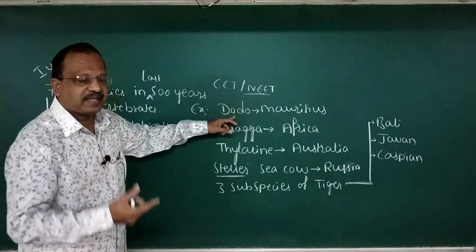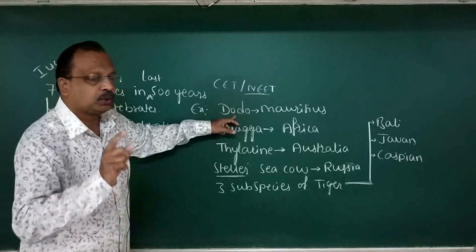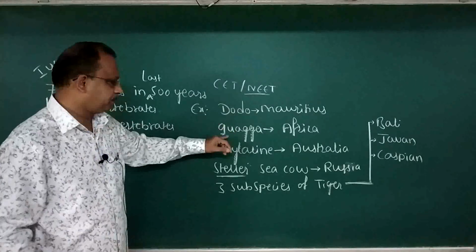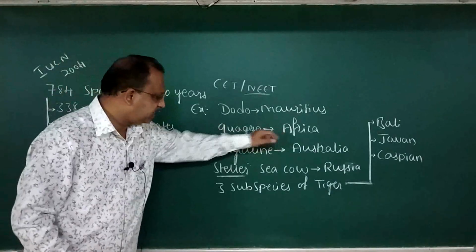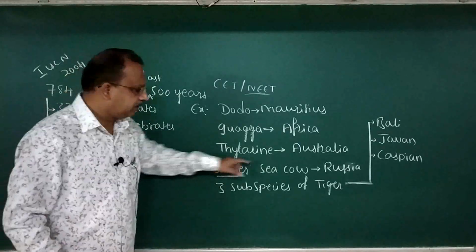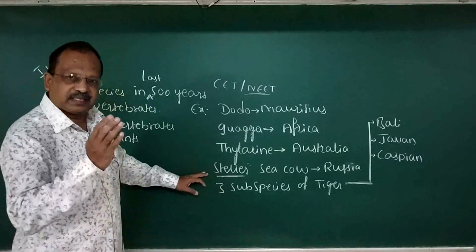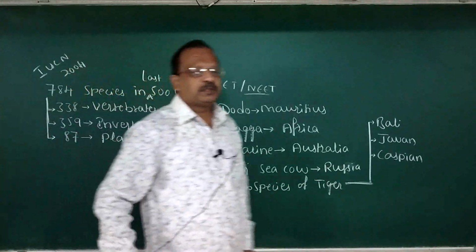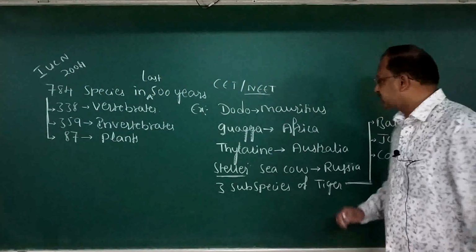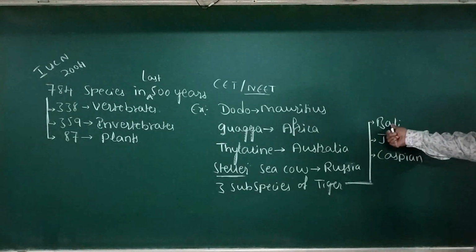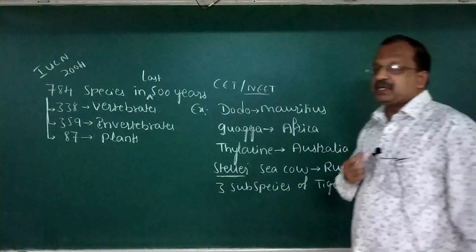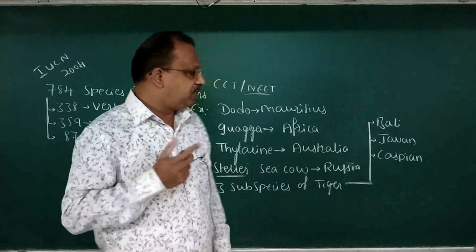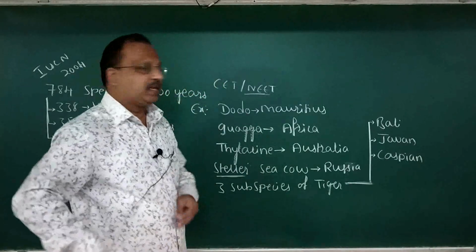Some recent examples of extinction are dodo of Mauritius, quagga of Africa, thylacine of Australia, Steller's sea cow of Russia, and 3 subspecies of tiger: Bali, Javan and Caspian.